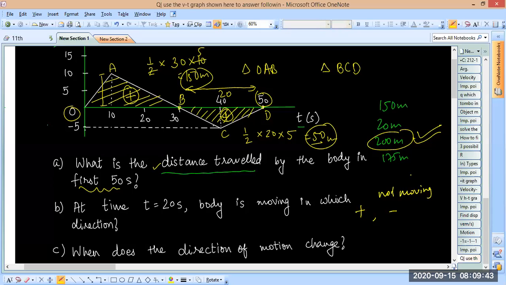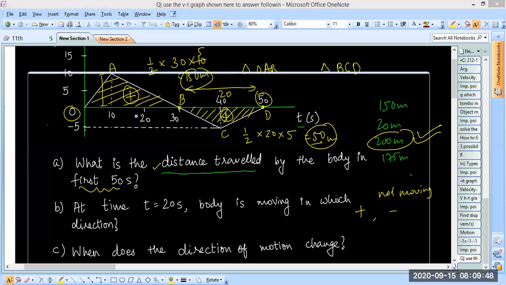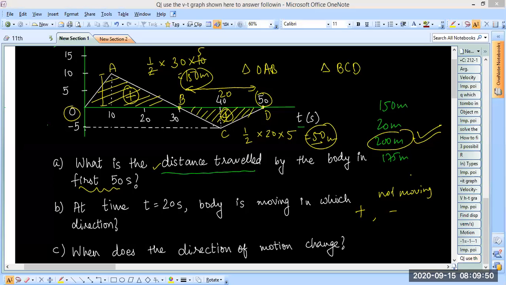I want reasons. Okay, Ankita. All right, I'm getting reasons. See, the reasons are very important, right?